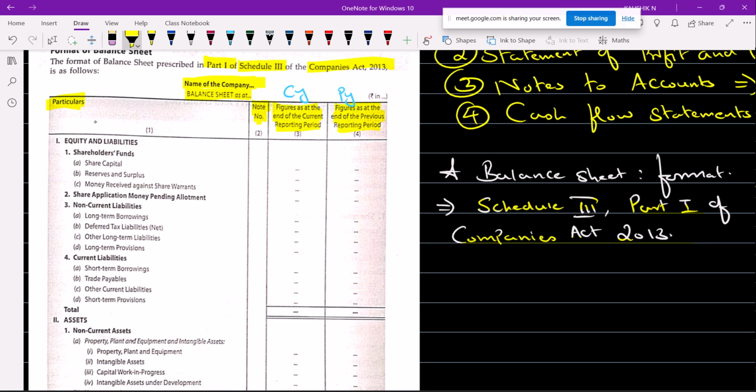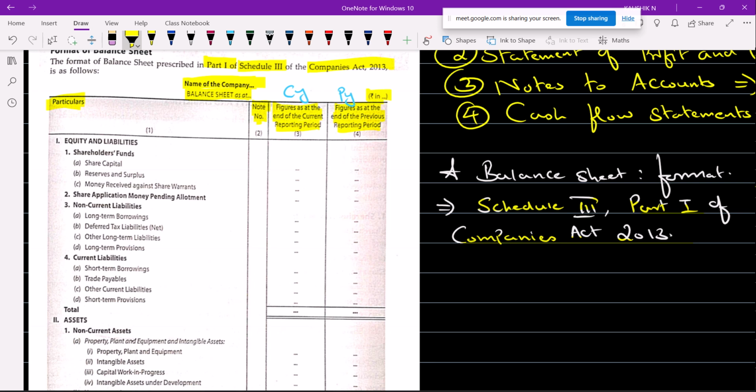If you're preparing it for a company which is not of Indian origin but has its business in India, then you will have to represent it in terms of the respective currencies which we follow in that particular nation. So that is based on what concept? The money measurement concept. Based upon the home currency, we have to represent data. In India, we follow the rupee symbol, so rupees will be mentioned.